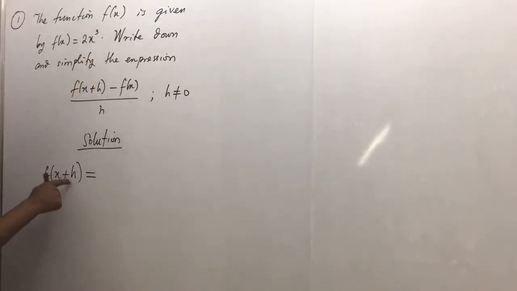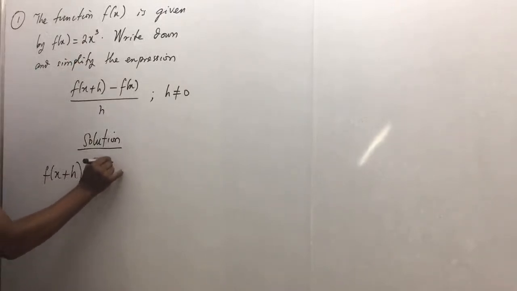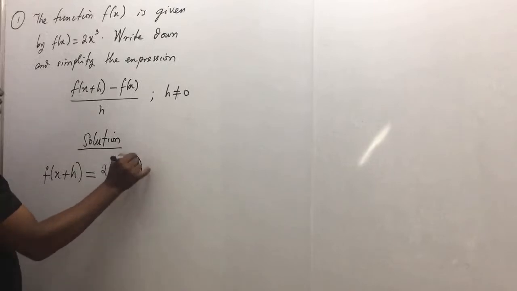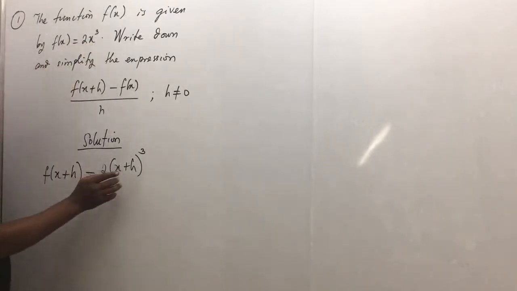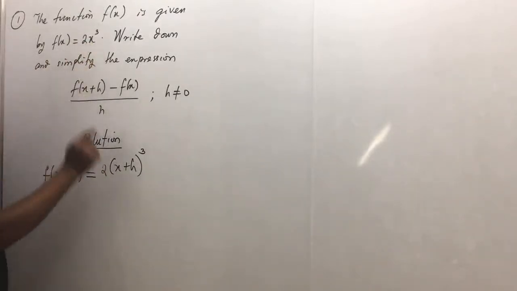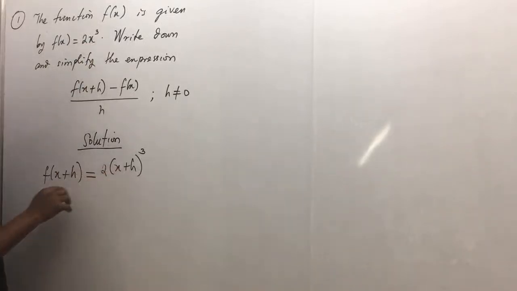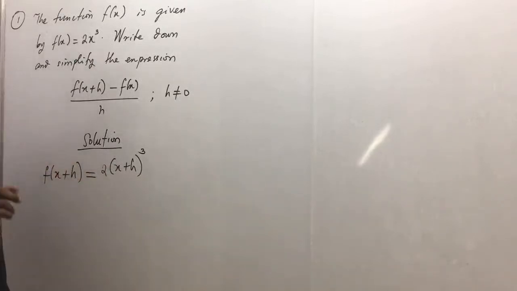So f of x plus h, if it follows the pattern of this function, will be 2 times what we have x to be. In this case, x is x plus h, all cubed. So what have I done for f of x plus h? Using the pattern of this function, I have simply replaced x in this function with x plus h. So it now becomes f of x plus h equals 2 in bracket x plus h all cubed.